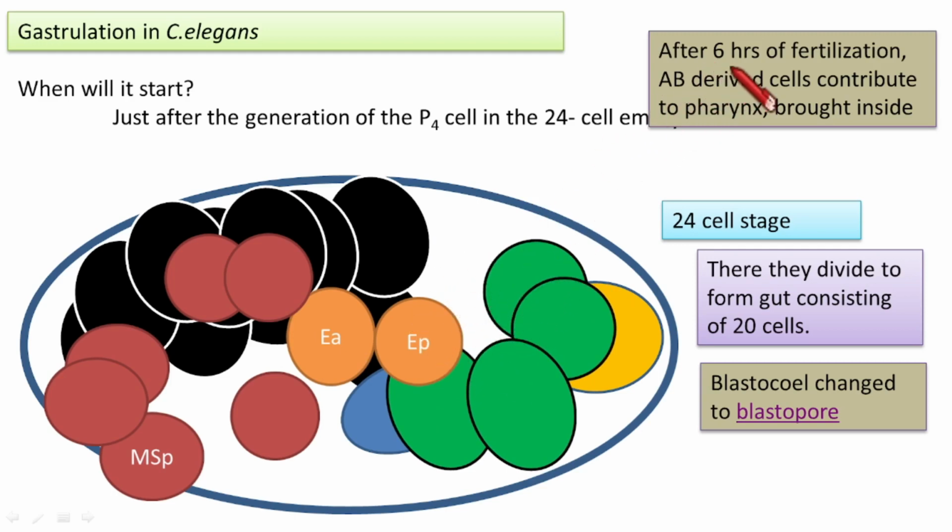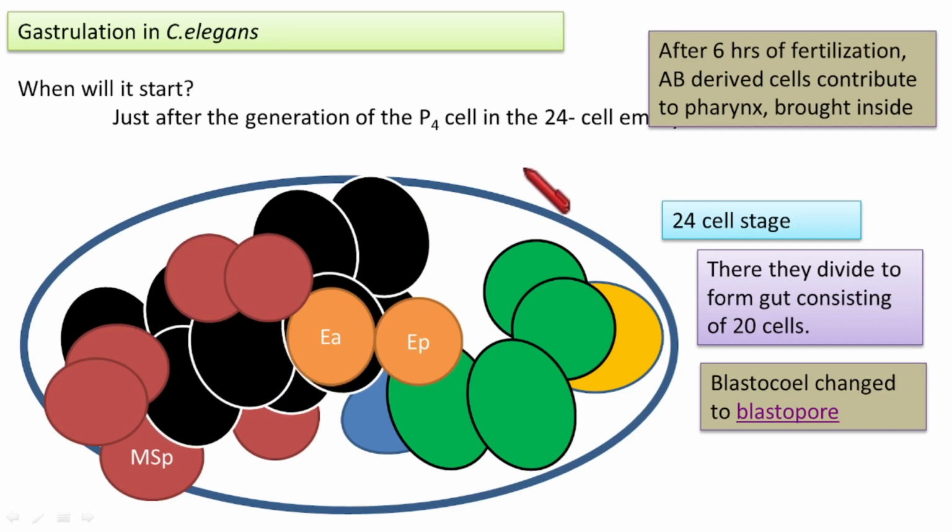And after 6 hours of fertilization, after this migration of MS cells and the C and D blastomere descendants, the AB derived cells, we know that these are AB derived cells, and among them, those AB derived cells destined to form the pharynx move to the inner side of the embryo. Okay, clear? And some AB descendant cells will be left there.